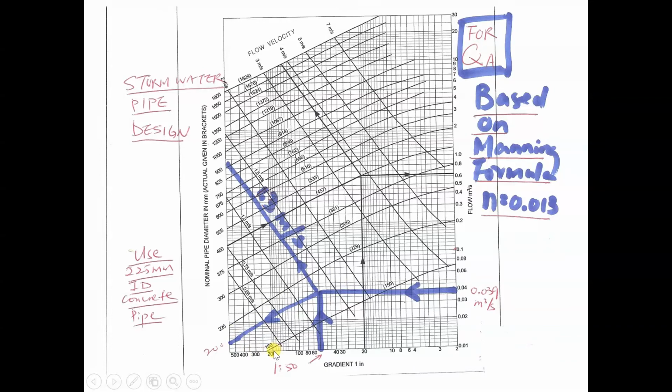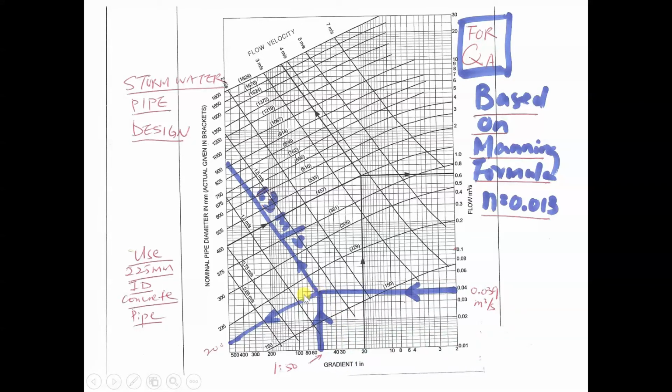This curve here, this line is the size of the stormwater pipe. Starting from the bottom one, it is 150 diameter, 225, 305, 381, 457, and so on. I think this case is concrete pipes.